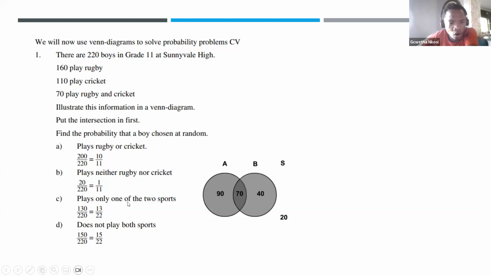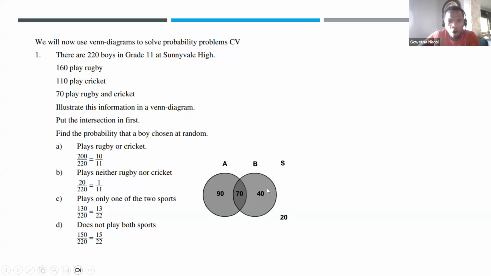Place only one of the two sports. Now they are asking you, all right, place only one of the two sports. How do I get that this person plays only one of the two sports? So now we look, there is this one, he plays only rugby.